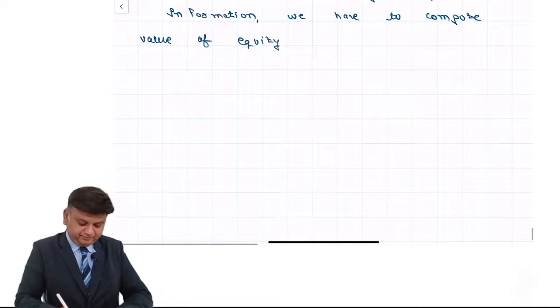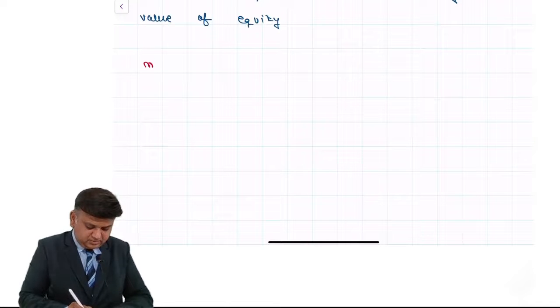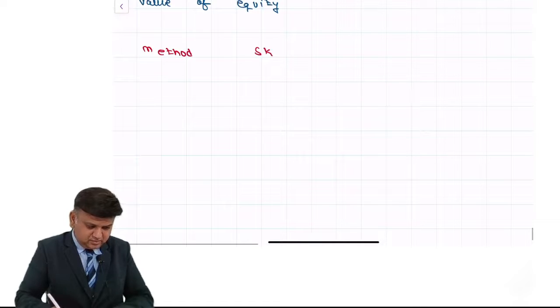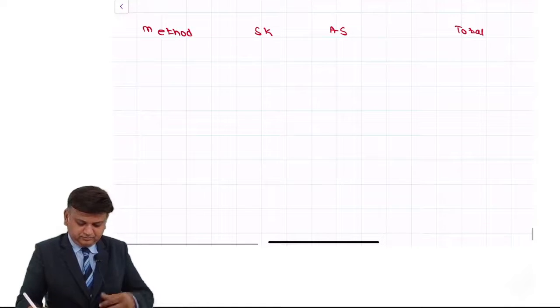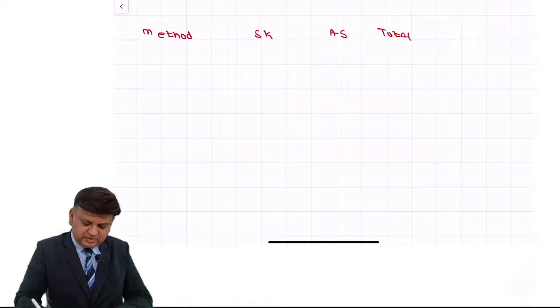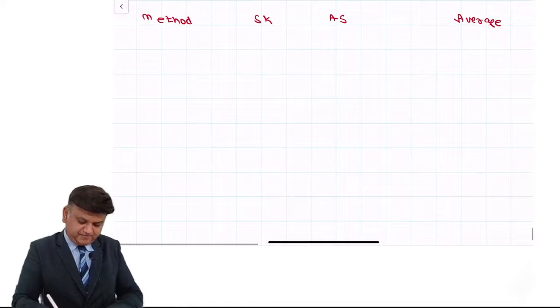So let us see the method. Then SK, AS, and then the average. I'm sorry, we may not do the total, we'll do the average directly.